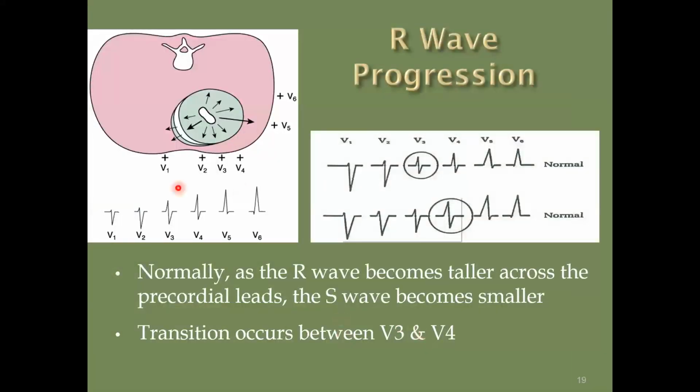The R wave gets progressively bigger because as the leads go around, they're seeing more of that big left ventricle. Remember, the left ventricle is much bigger than the right ventricle, so it's seeing more of the vectors going toward it. So V3 and V4 is where you have normal transition.